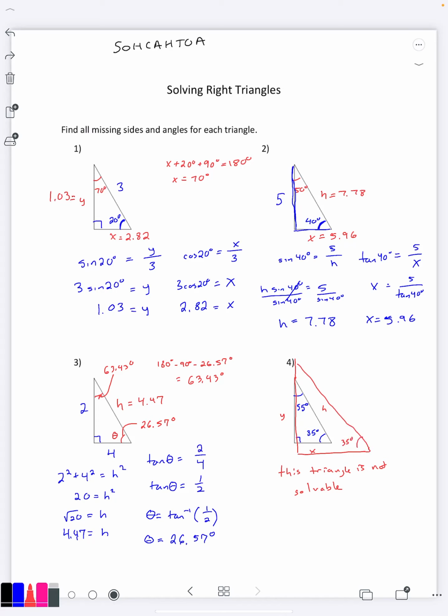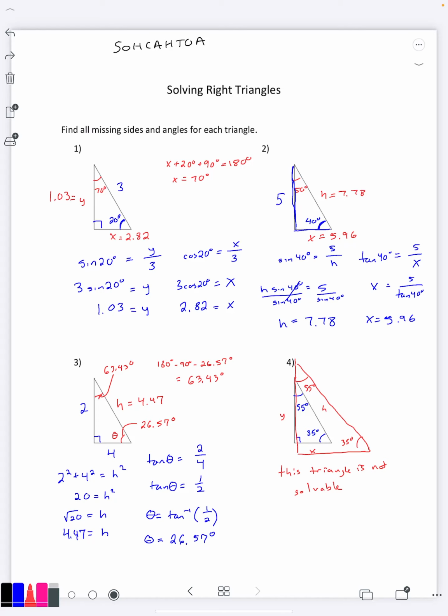Similar means has the same angles, but has longer sides. And so the whole idea is that because similar triangles all have the same angles but different sides, that means that if all you know are the angles of the triangle, you're never going to be able to solve for the sides because it's not a unique answer.